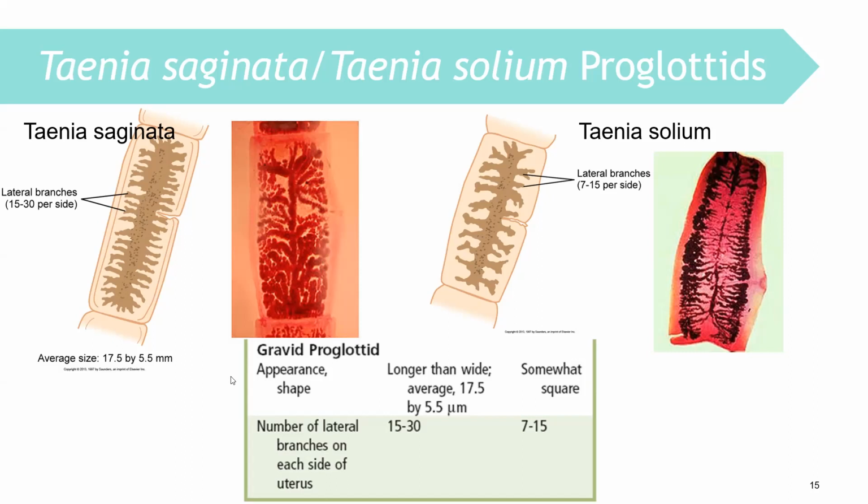In terms of shape, the proglottids of our Taenia saginata are somehow longer but narrower than the proglottids of Taenia solium. Taenia solium is somewhat square. Okay, maikli pero medyo may katabaan.